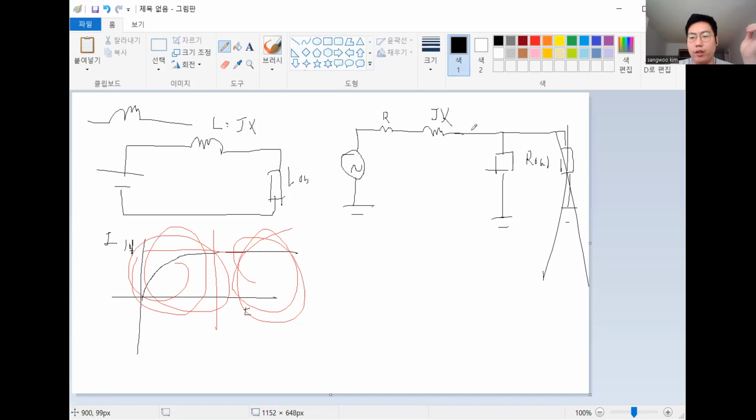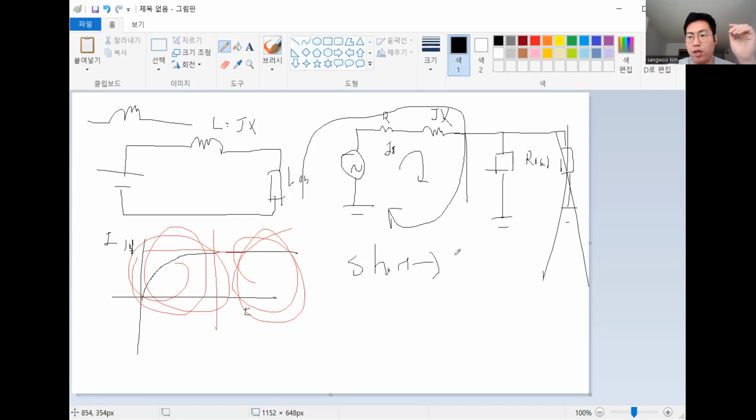So what happens if a short happens? Here's the short current, Is. The short current happens on this side, right? The short current is a fault current, right?